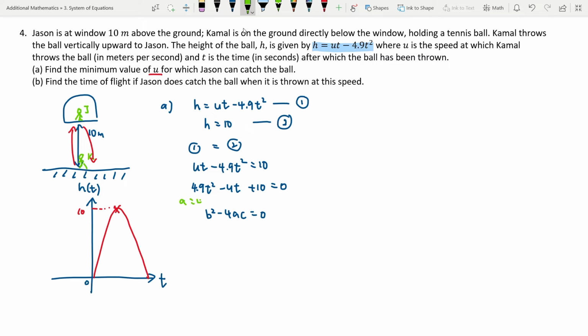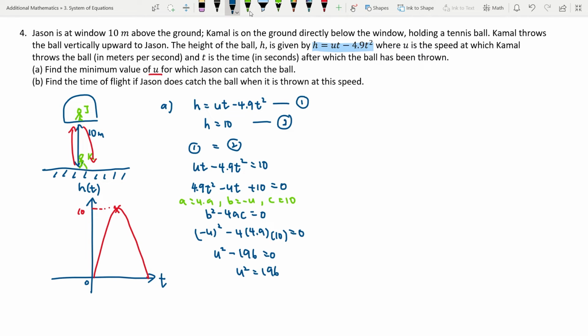Our a is 4.9, b is negative u, and c is 10. We substitute the values of a, b, and c into the discriminant and let it be 0. (-u)² - 4 × 4.9 × 10 = 0. We simplify the equation. u² - 196 = 0. u² = 196.